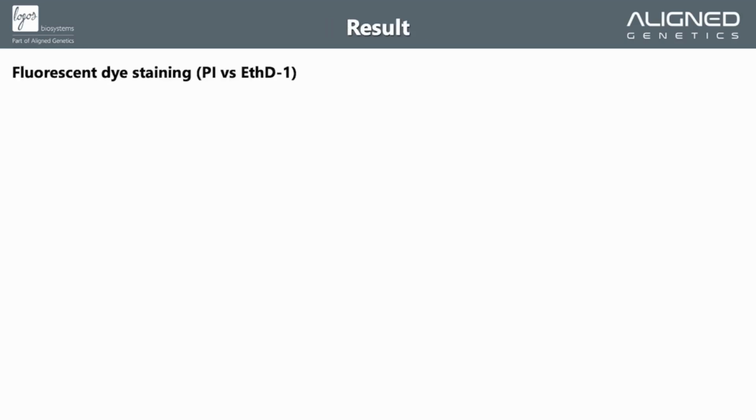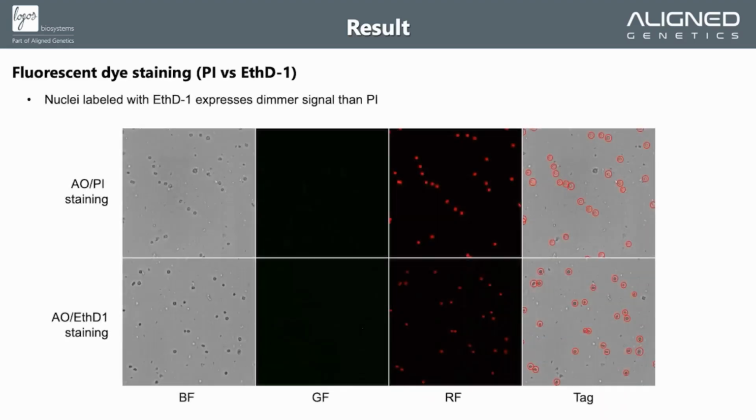And at this point, you could wonder which one is better between PI and ethidium homodimer. Both propidium iodide and ethidium homodimer are viable options for staining nuclei. But nuclei labeled with ethidium homodimer will generally exhibit a dimmer signal compared to PI. In the provided montage, nuclei samples stained with both dye combinations are shown.